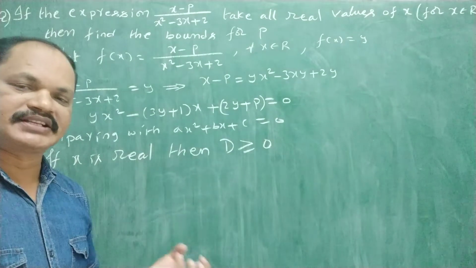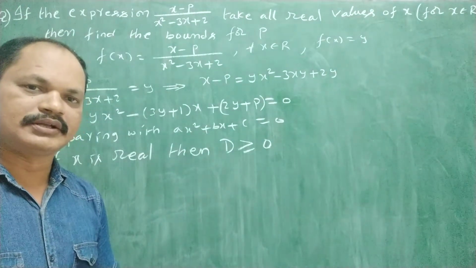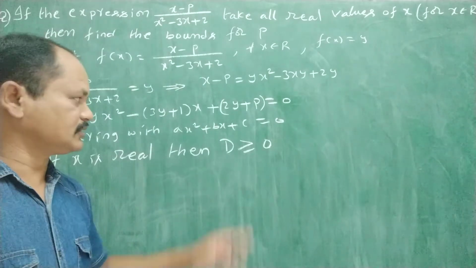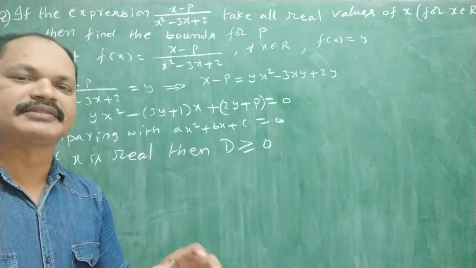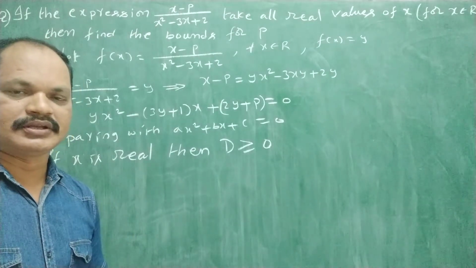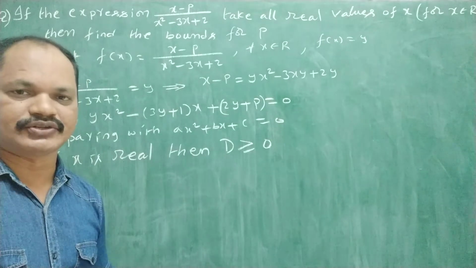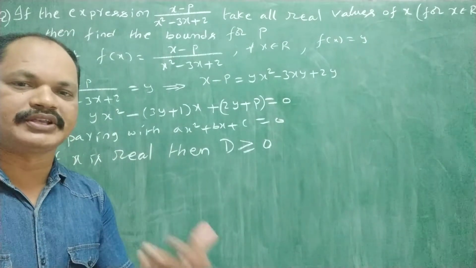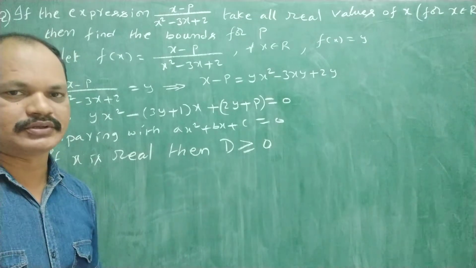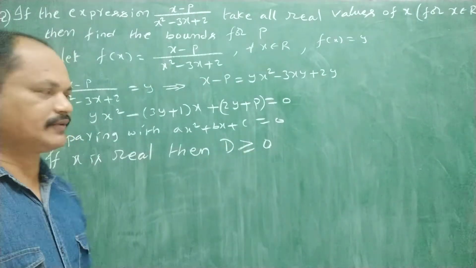Since x is real, it may be real and equal or real and distinct. If real and equal, then the discriminant is equal to 0. If real and distinct, the discriminant is greater than 0. That's why, since x is real, there is a chance for equal or different roots, so the discriminant is greater than or equal to 0.